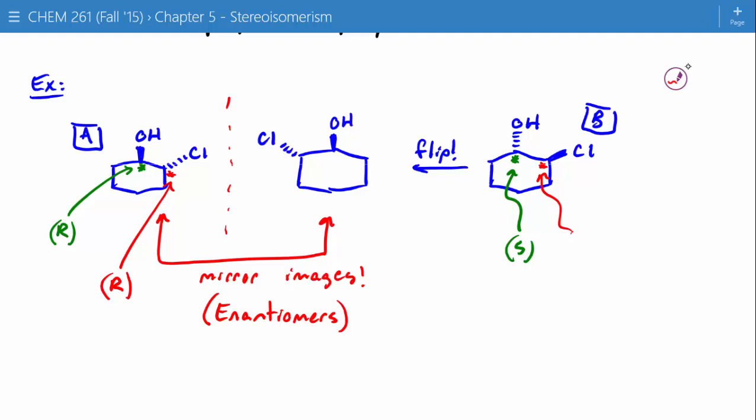I guarantee it does. S. I like that. I guarantee it. That's confidence. So we've got R and R for compound A, and then in compound B we've got S and S. With enantiomers, one thing you can do is say if all of the stereocenters have been flipped, these compounds are enantiomers. That's one of the most reliable ways to go about distinguishing these.